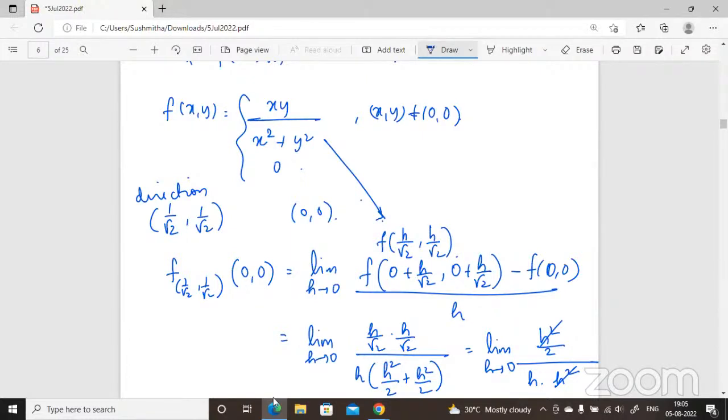If the limit of f of x comma y as (x, y) goes to (0, 0) is equal to 0, then this function would have been continuous. But here the limit does not exist. If it was equal to 0, yes, it would have been continuous. Okay, done. Thank you.